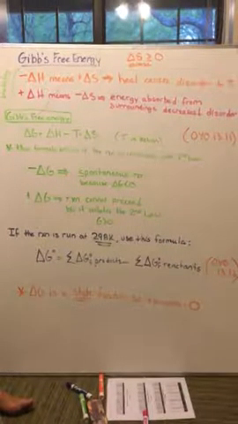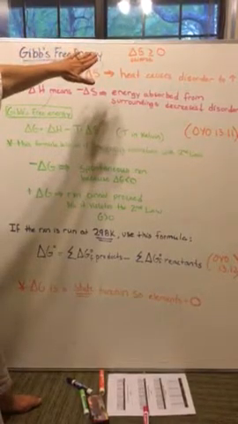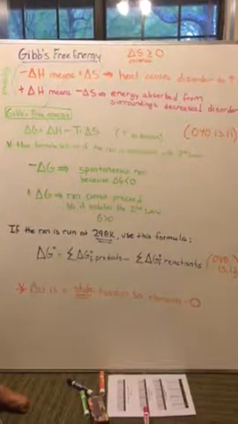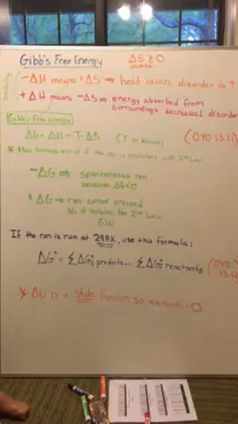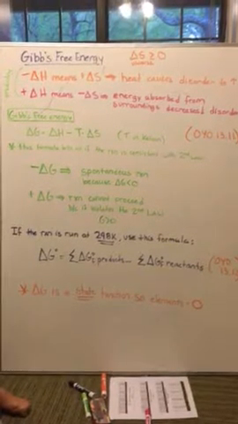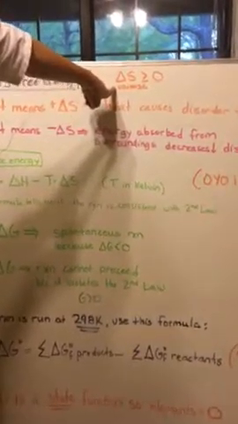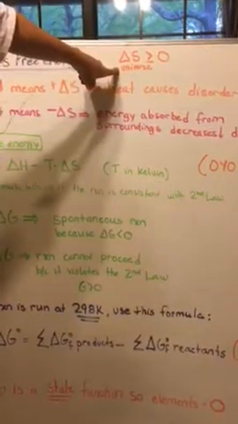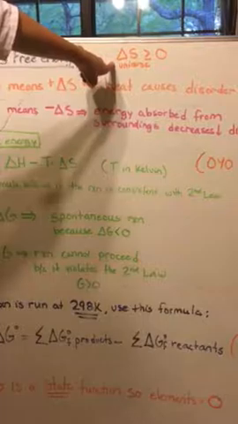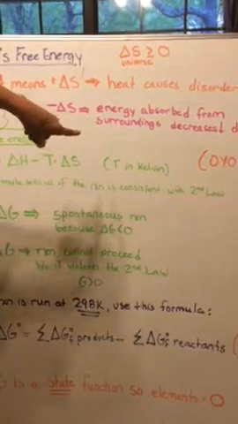So first thing we need to understand is that entropy, the second law of thermodynamics, says that the entropy of the universe has to be greater than 0. So when I say that delta S is positive, that would mean increasing disorder. If delta S is negative, that would mean decreasing disorder.